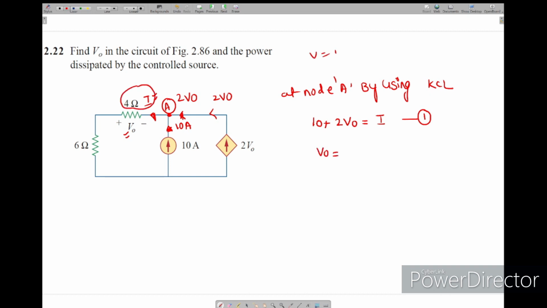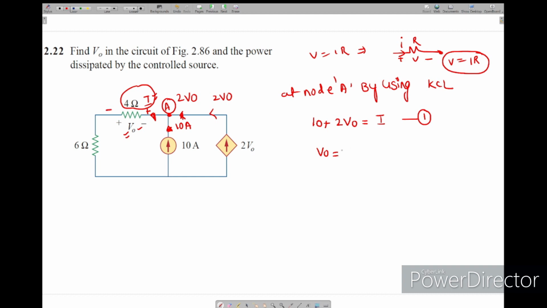By using Ohm's law, V equals IR, where the current enters at the positive terminal and leaves at the negative terminal, and this is R. So I will use the same thing here. V0 is here and the current is entering this way, positive negative.